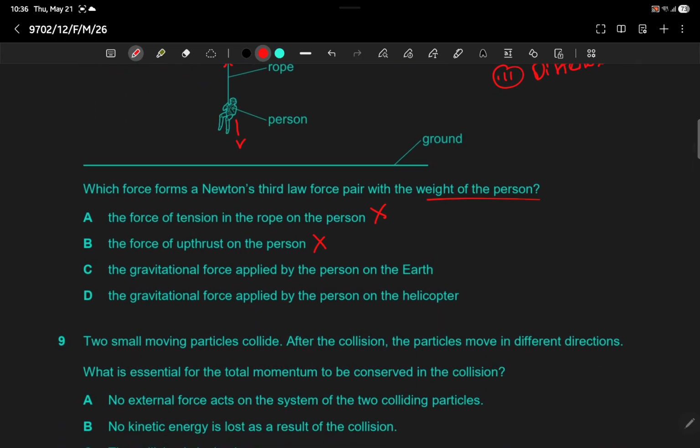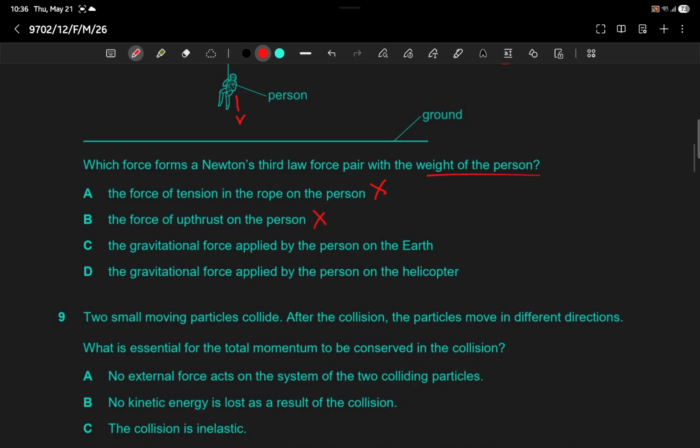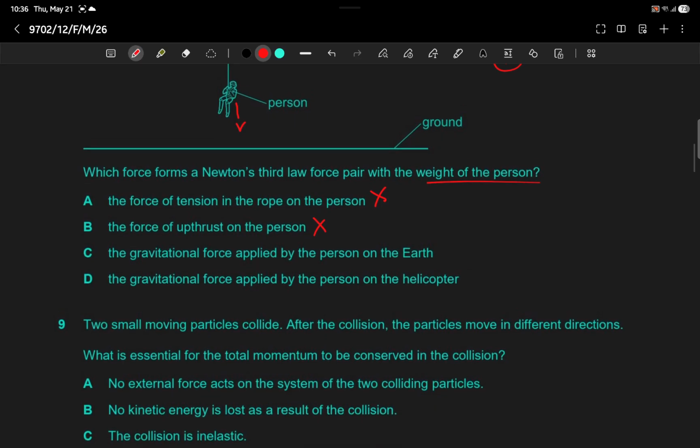The gravitational force applied by the person on the earth and the weight. Yeah, that's correct because it's on different objects, right? It cannot be upthrust because it's the same object.